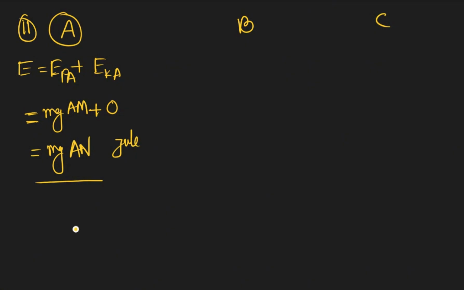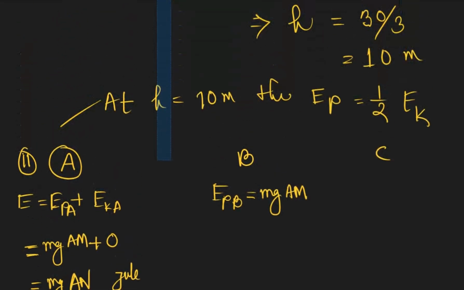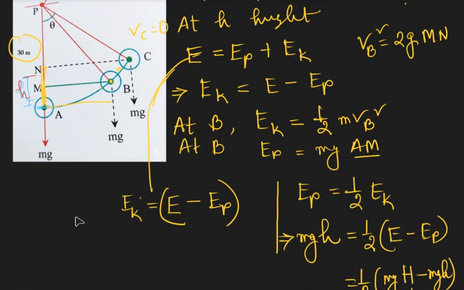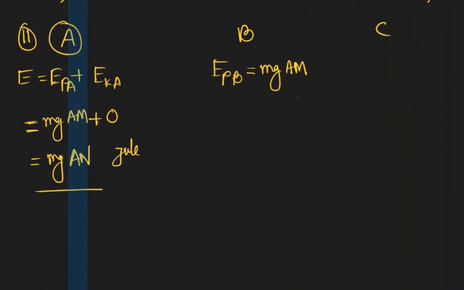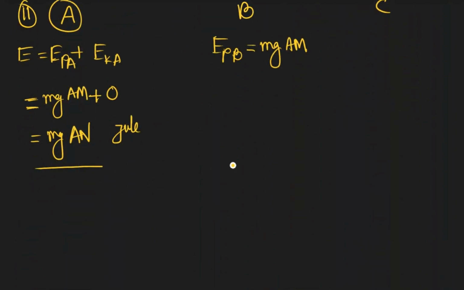Anyways, for B point, the potential energy for B point is equal to mg AM. Let's check out. So at B point, the height is up to this much, so this is actually AM. So here AM is perfectly okay.